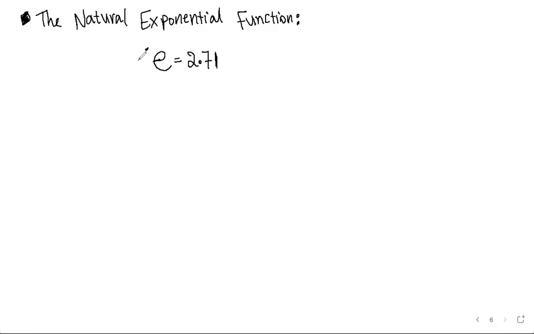And e is between two numbers. I can say it is bigger than 2 because 2 is smaller than this number, and e is also smaller than 3. So e, the natural number, is between the number 2 and the number 3.